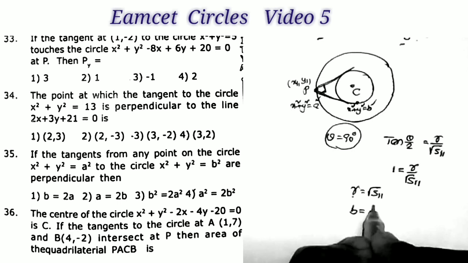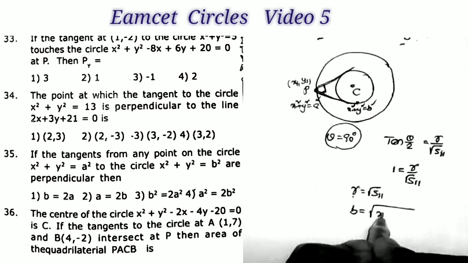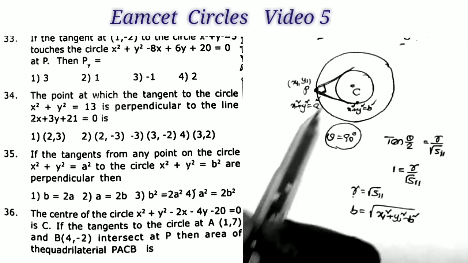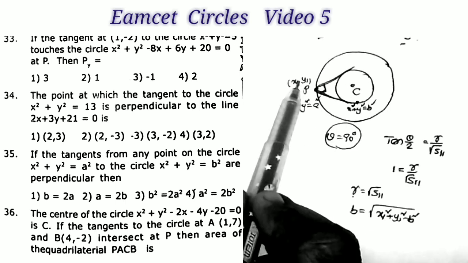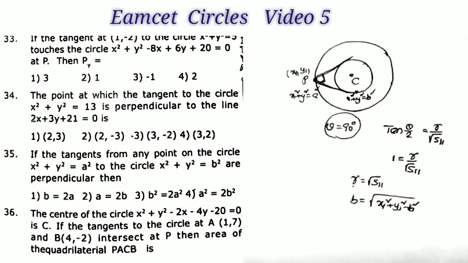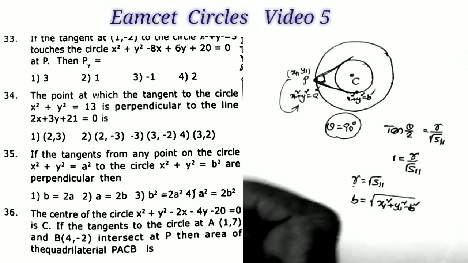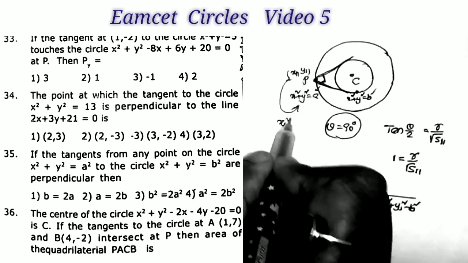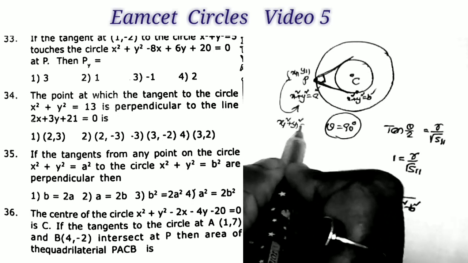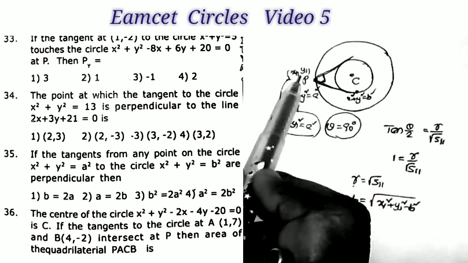Root S11: substituting this point in the circle equation, that is x1 square plus y1 square minus b square. We are taking the tangents to the second circle, so here we replace the point in the second circle. But what is (x1, y1)? This is the point on the first circle. Replacing this point in this equation, we get x1 square plus y1 square is equal to a square, since this is a point on the circle.